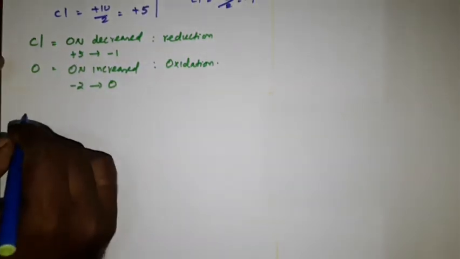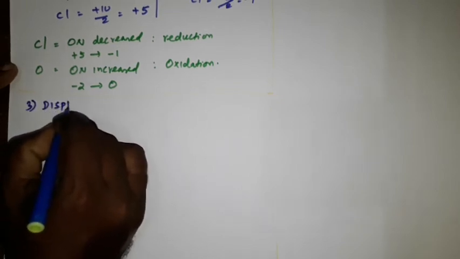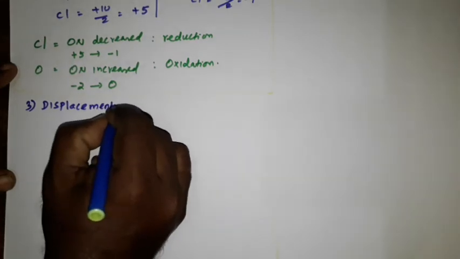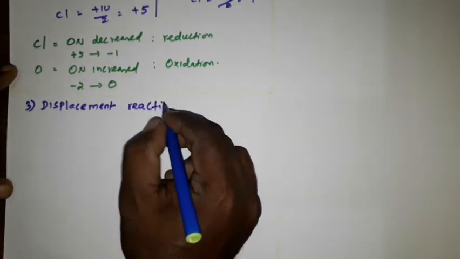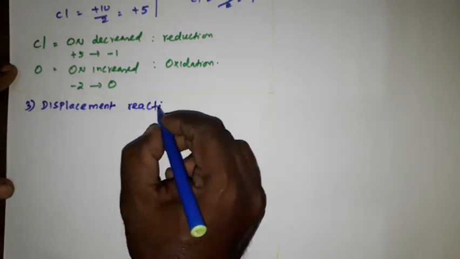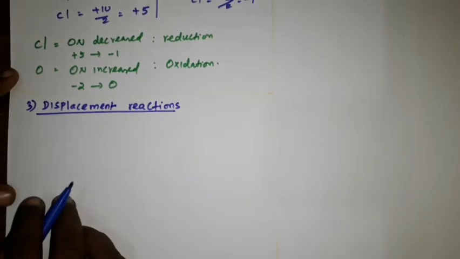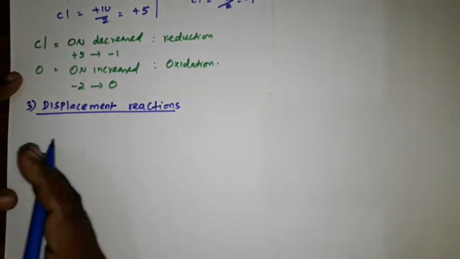The third reaction is the displacement reaction. It is also a redox reaction, because we are seeing the types of redox reactions. Displacement means it has to displace something from one place to another place.